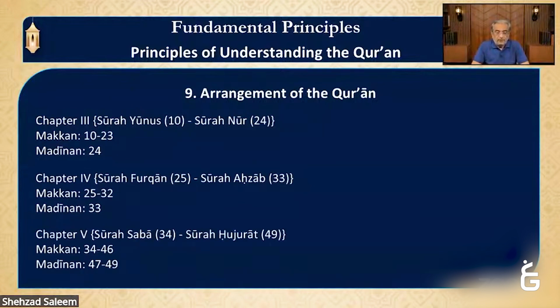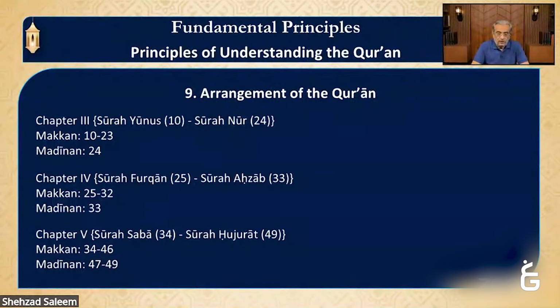And then we have chapters 3, 4, and 5, the arrangement being displayed before you. So the chapter number 3 begins with Surah Yunus and ends on Surah Nur, with the first 14 surahs being Meccan and the 15th one, which is Surah Nur, it's a Medinan surah.